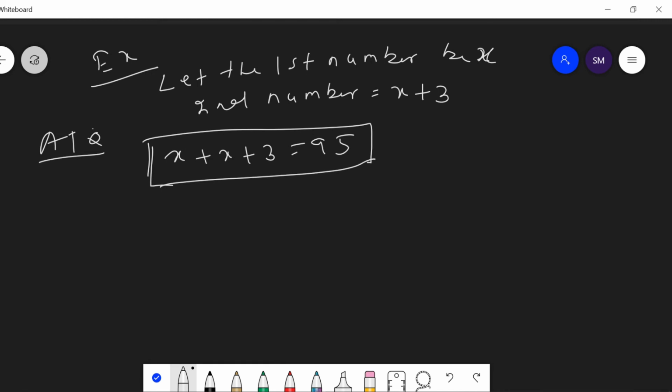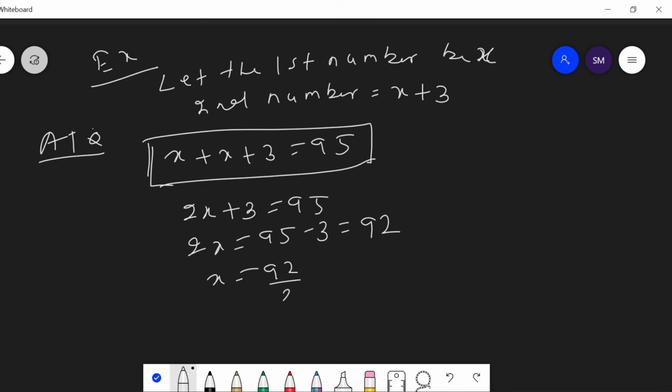Here, just look here. This is 2x plus 3 is equal to 95. This means 2x is equal to 95 minus 3, which is 92. Then x is equal to 92 upon 2, which is equal to 46. We took the first number to be x, so the first number is 46.